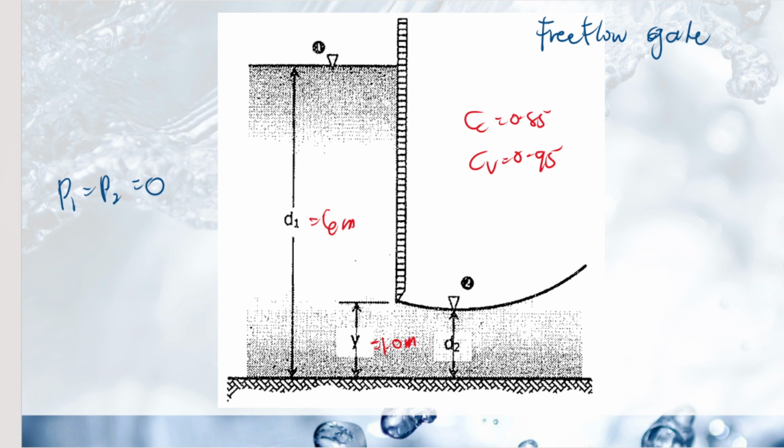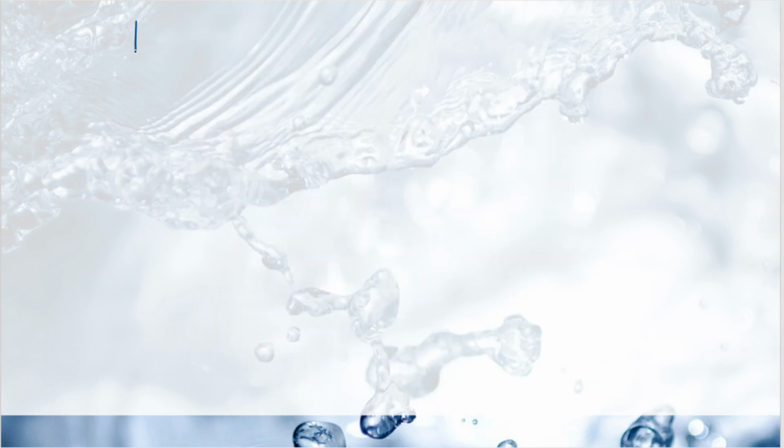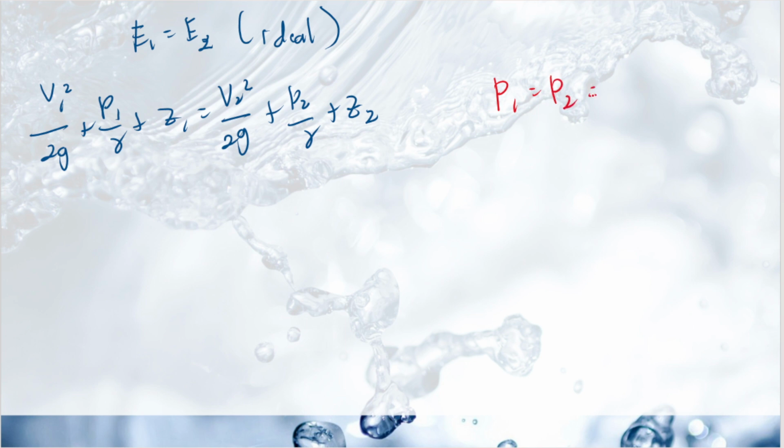Going back to the Bernoulli energy equation, E sub 1 is equal to E sub 2, since it is ideal, we are expecting the theoretical. So let's rewrite: v sub 1 squared over 2g plus P sub 1 over gamma plus d sub 1 is equal to v sub 2 squared over 2g plus P sub 2 over gamma plus d sub 2. The problem stated that the pressure is atmospheric, therefore P sub 1 and P sub 2 are both equal to 0. So we cancel those.